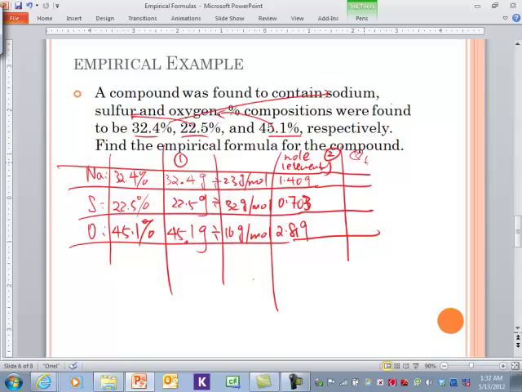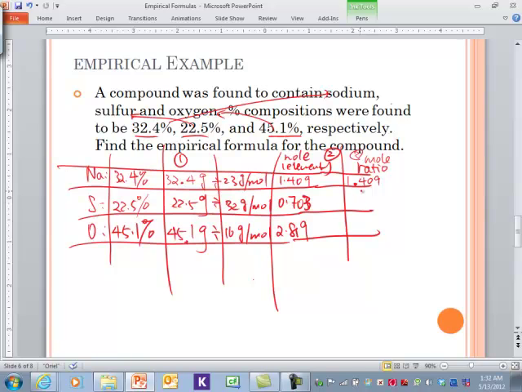Number 3 will be the mole ratio. So now this one will be 1.409. My advice is when you calculate empirical formulas, carry the values to the thousandths, which means the third digit after the decimal point.